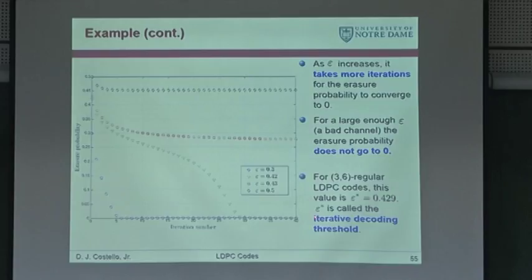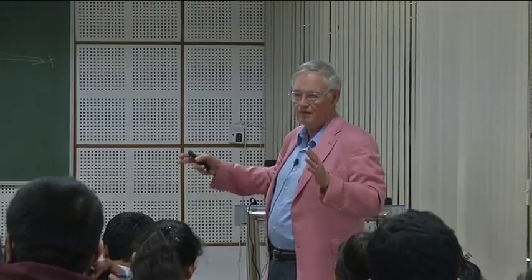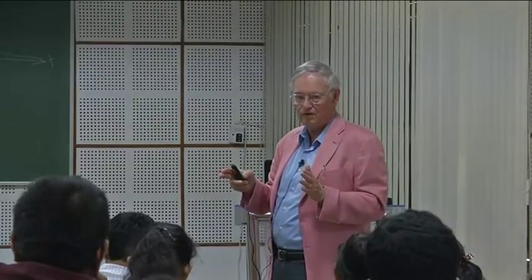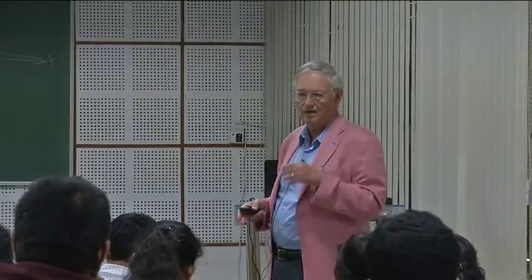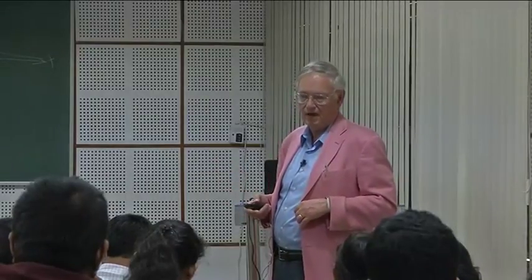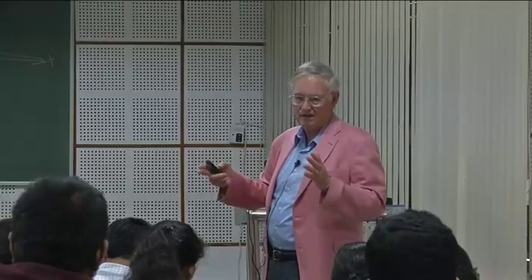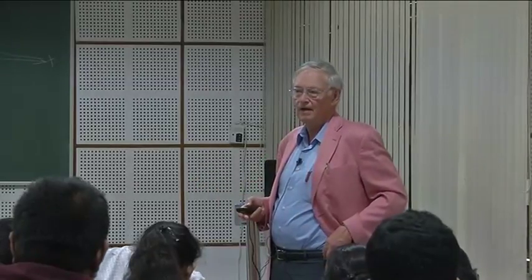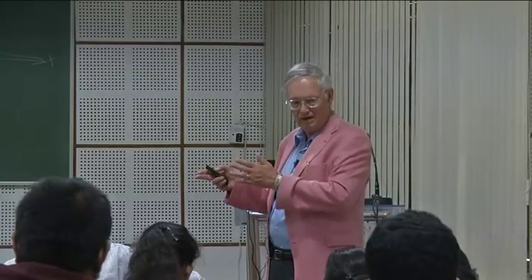The asymptotic analysis tells you basically what you can expect if you use large codes. But if you're constrained to shorter block lengths for reasons having to do with a particular application, short latencies, whatever, then this doesn't give you the whole picture.